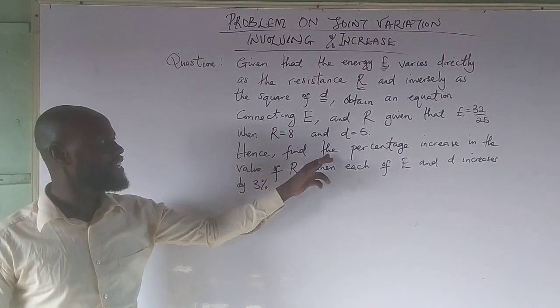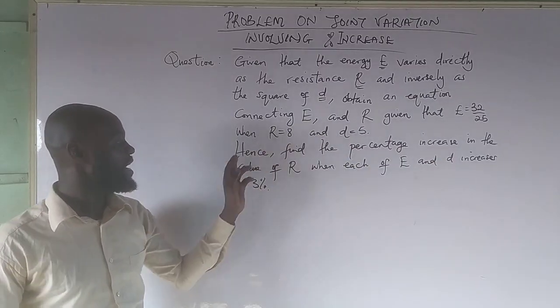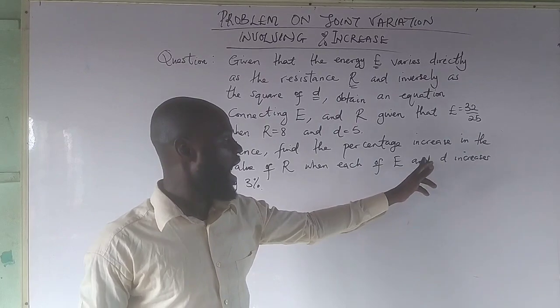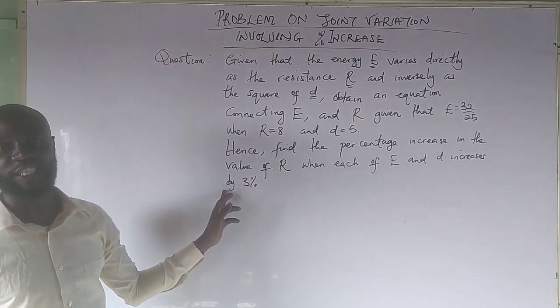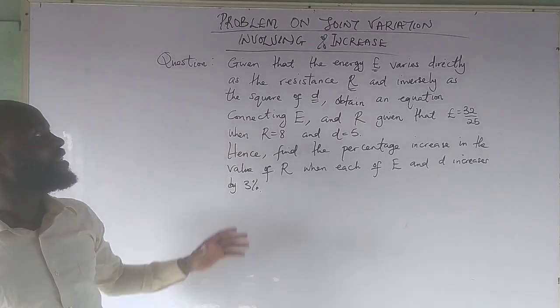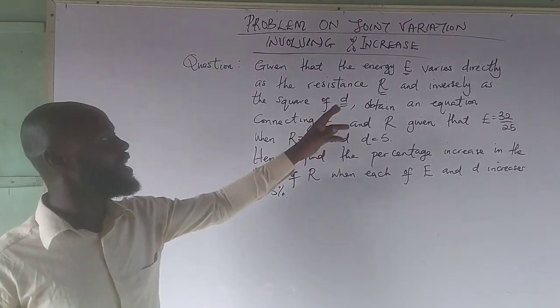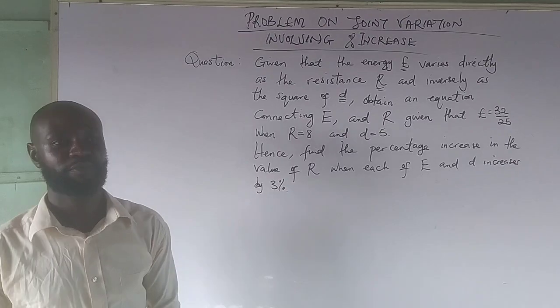Hence, find the percentage increase in the value of R when each of E and D increases by 3%. This is a question involving a joint variation.